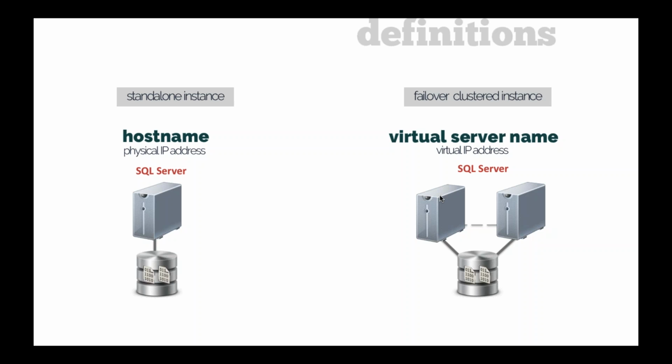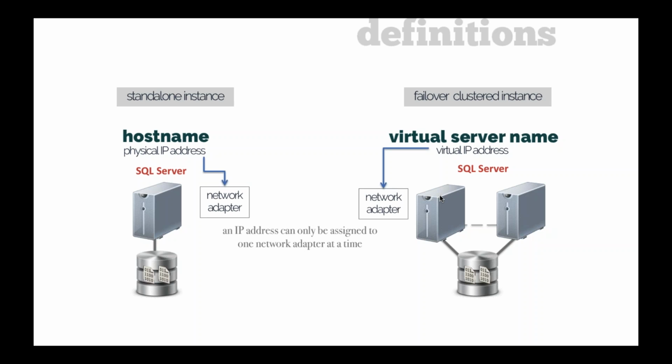And again, part of the high availability strategy is if one of the servers goes down, the virtual server name can move from the failed server into any of the available standby servers or nodes in the failover cluster. And of course, your network adapters use those IP addresses so that the workloads or the client applications can connect to our SQL Server instances.